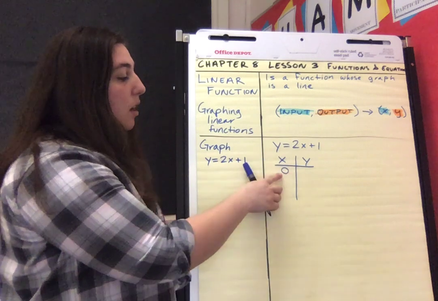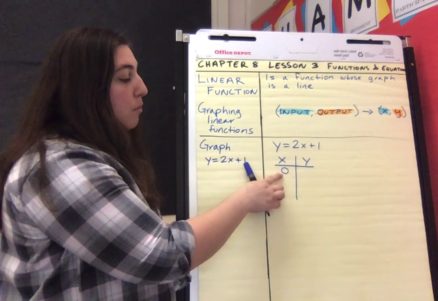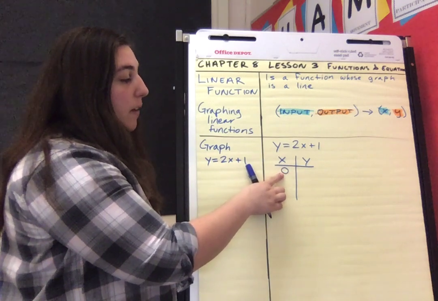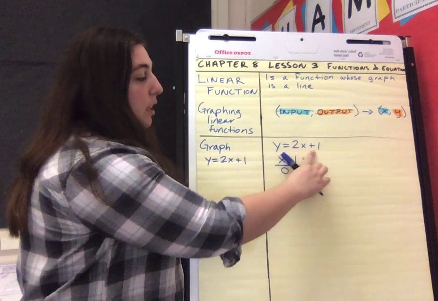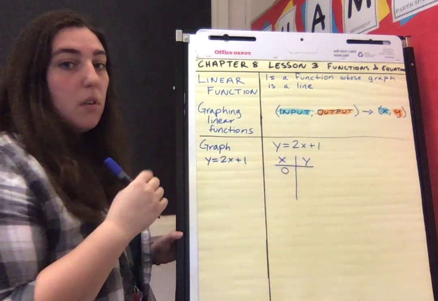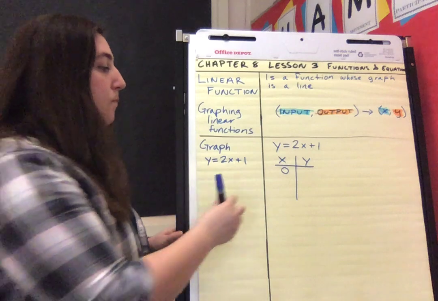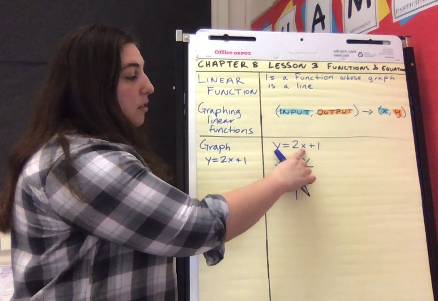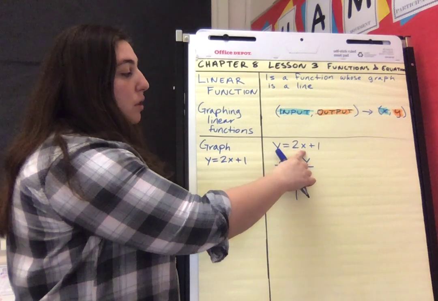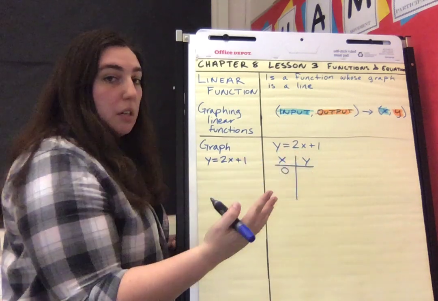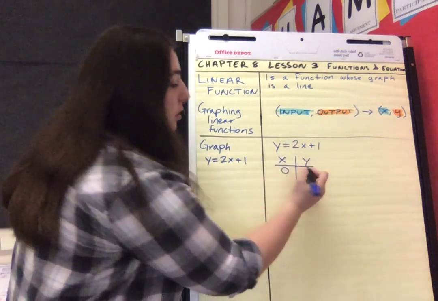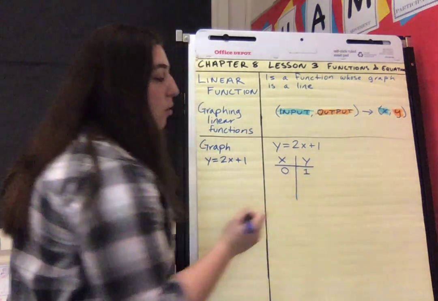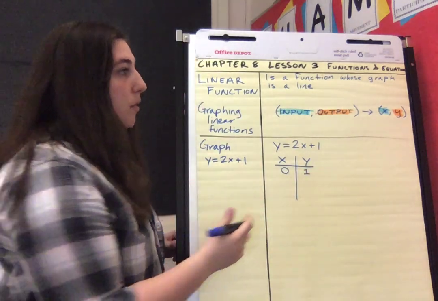It's always a good place to start. So I'm going to input this value into the rule, also the equation. So 0 in for x means I'm multiplying 2 times 0, which is 0, plus 1. My y value, or my output, is just 1.